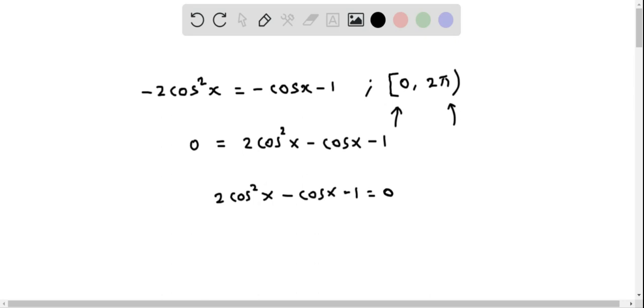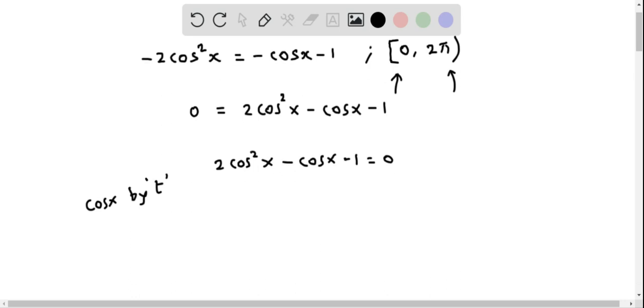Now I'm going to replace cos x by the letter t, to make it look more like a quadratic equation. So I get 2t squared minus t minus 1 equal to 0. So this is a quadratic equation which can be solved for t.